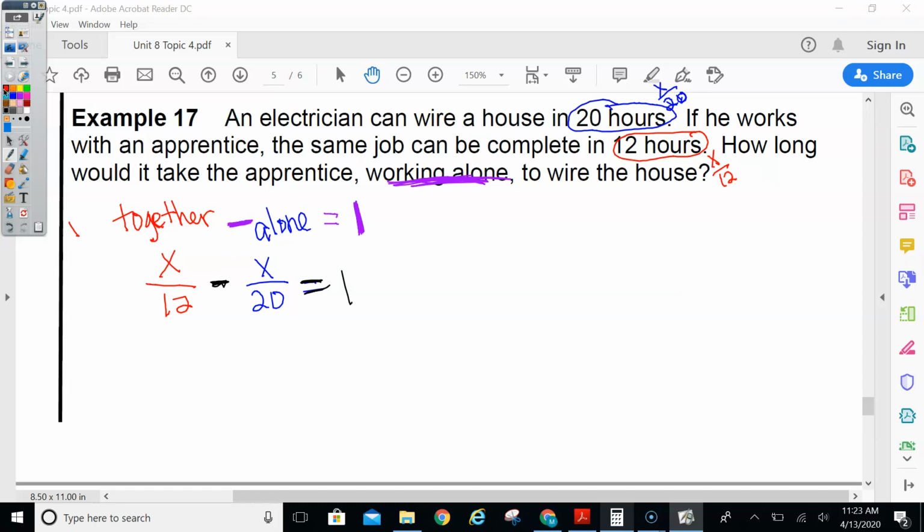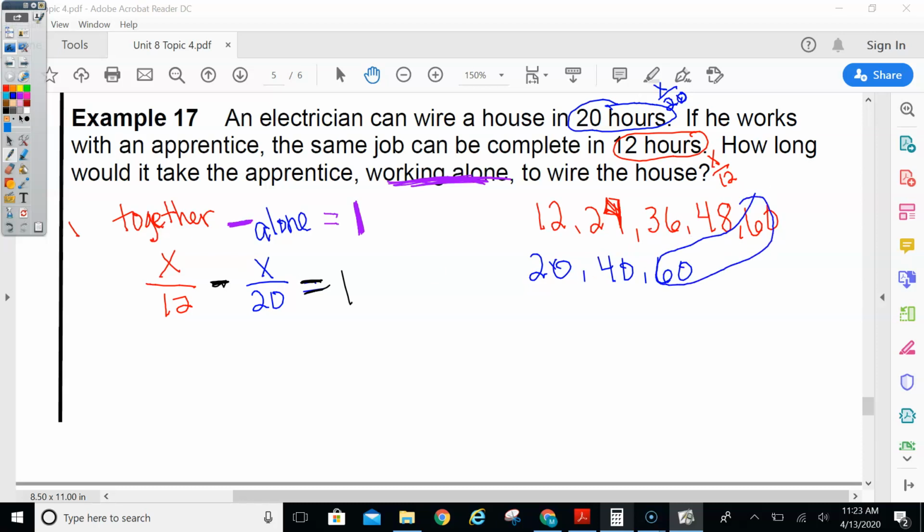So counting by 12s, we have 12, 24, 36, 48, 60. Well, we know it's going to be 60 there because it ends in a 0. So here 20, 40, 60 for this one. So 60 is my least common multiple. So I want to make everything have a denominator of 60.